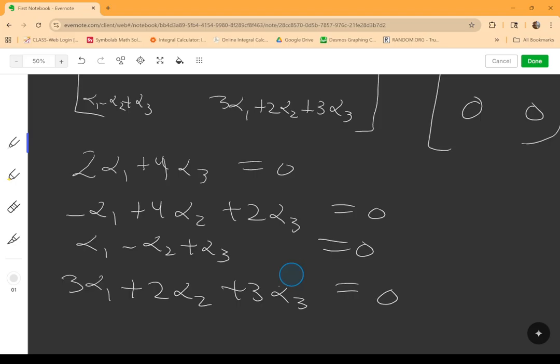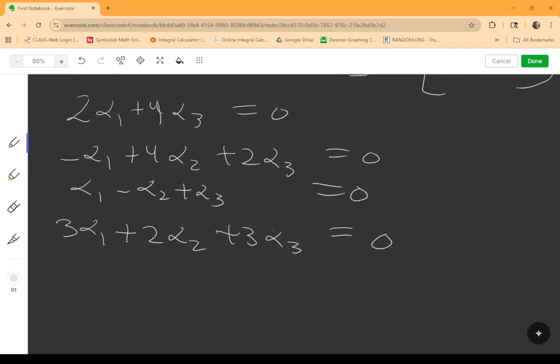And I try to solve this homogeneous system. Again, I know that the 0 solution exists. That's not the question being asked. The question is whether the trivial solution is the only solution that exists. So here we'll have 2, -1, 1, 3, 0, 4, -1, 2, and 4, 2, 1, 3.